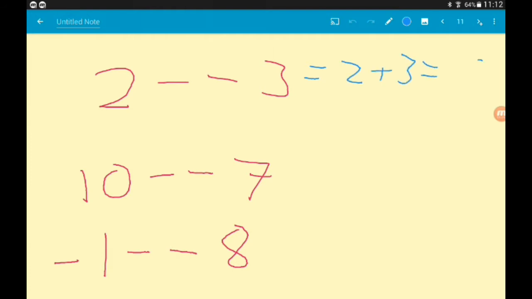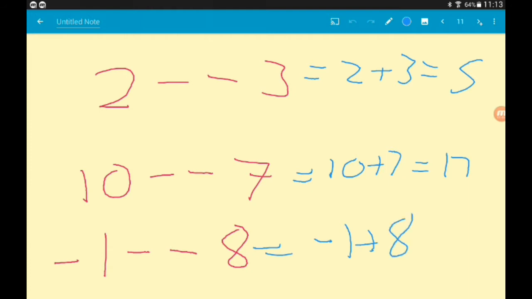So that's going to give us 5. 10 minus minus 7 becomes 10 plus 7, which is 17. Minus 1 minus minus 8 becomes minus 1 plus 8, which is 7.